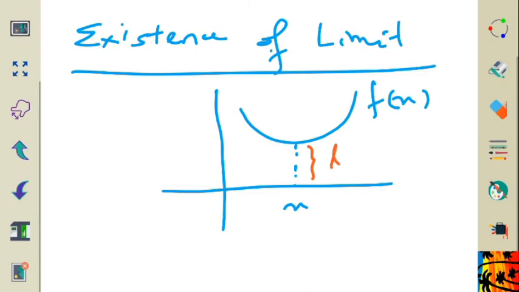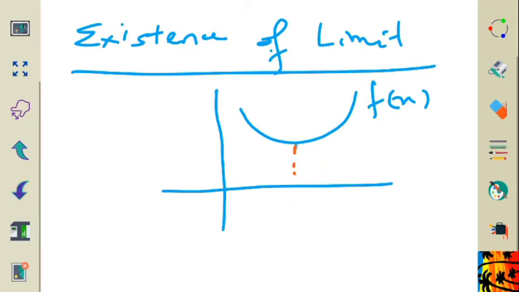I repeat, suppose here I draw this one and this point is suppose a. This height will be representing limit x tends to a f of x. Clear?